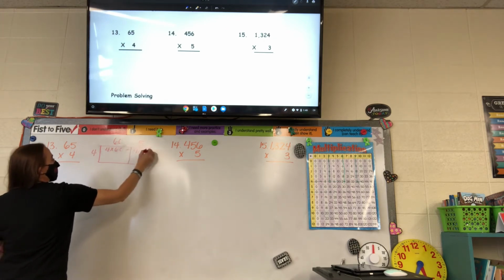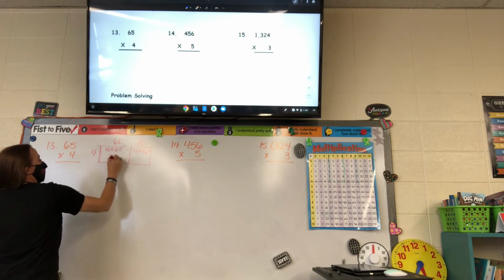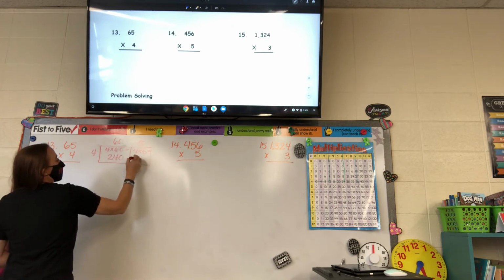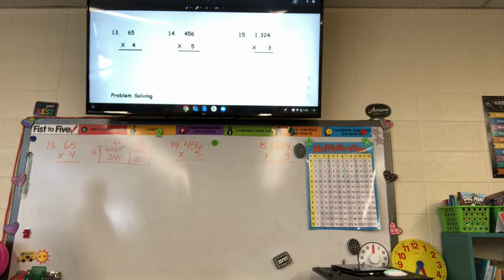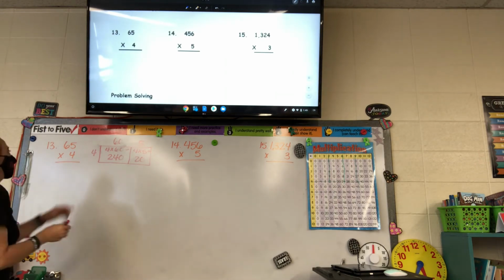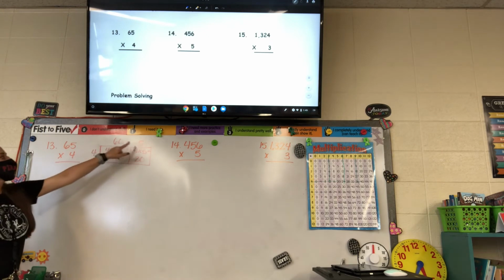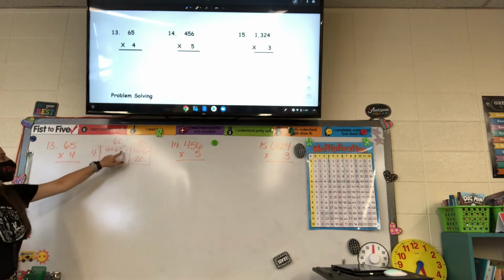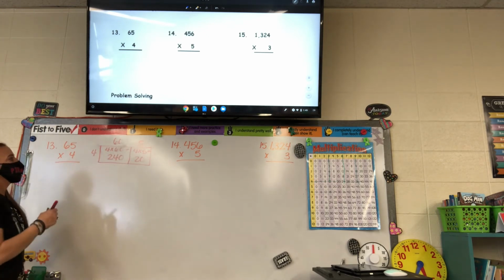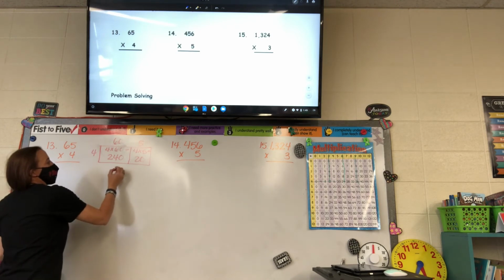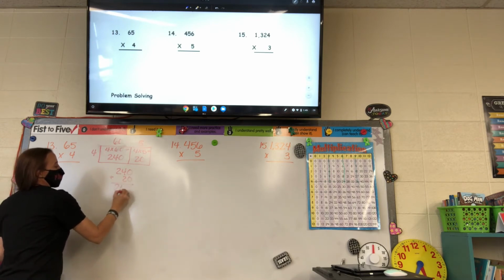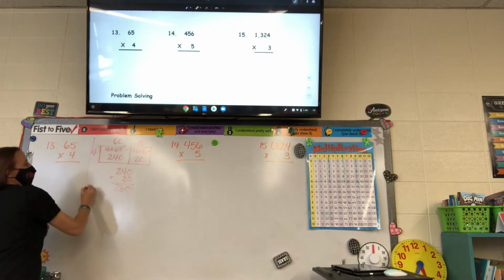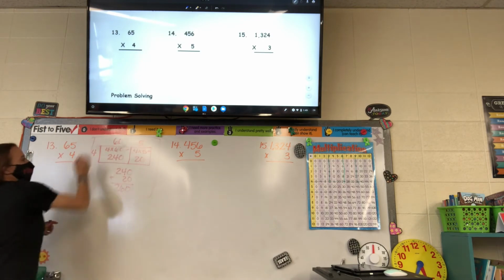On the test, there's going to be a pick your own, or choose a strategy. So we turn 65 into 60 and 5, multiply 4 times 60 and 4 times 5, get 240 and 20, and then we stack those and add them. If you prefer this method, then this is what you need to copy down.